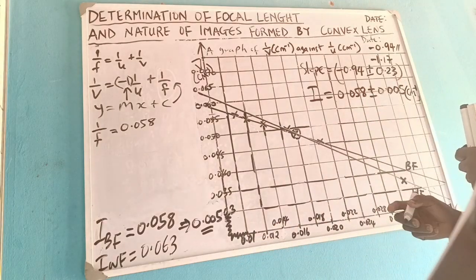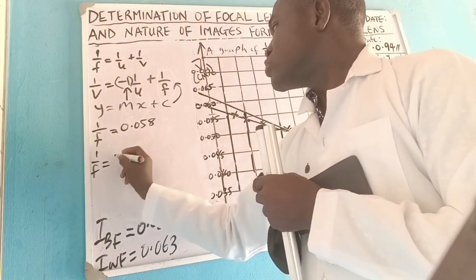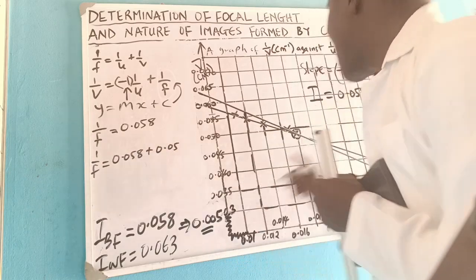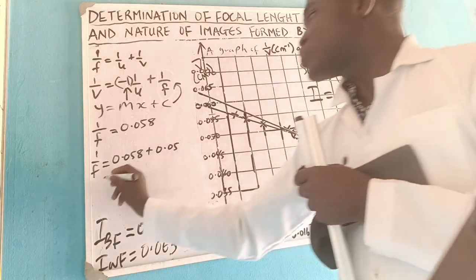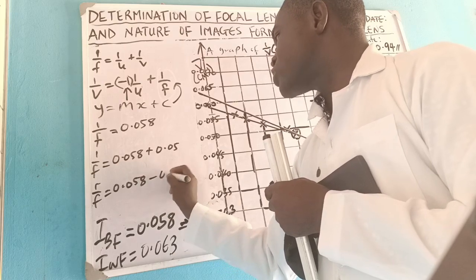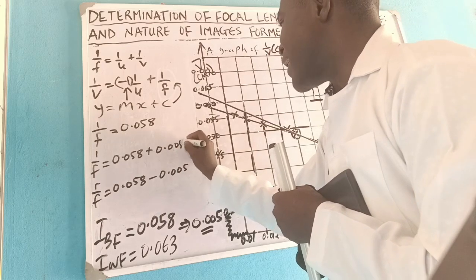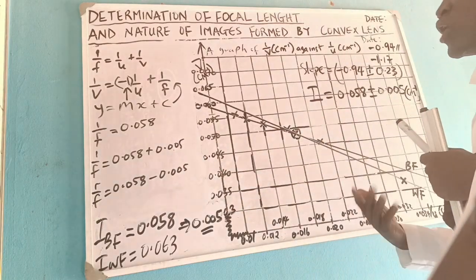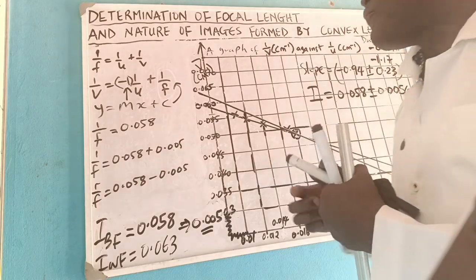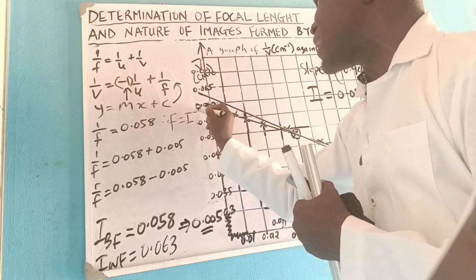That was our intercept. Another value for our intercept is 1 over f equals 0.058 plus 0.005. Another value is 1 over f equals 0.058 minus 0.005. Are you getting it? So we want to see the one that will give us a good answer, so to speak. Therefore, our f will be equal to the inverse of our intercept.